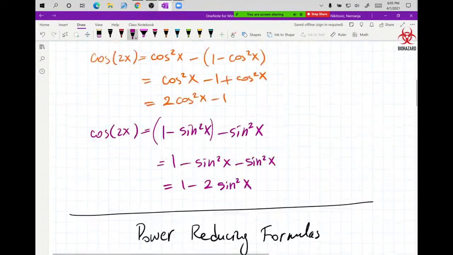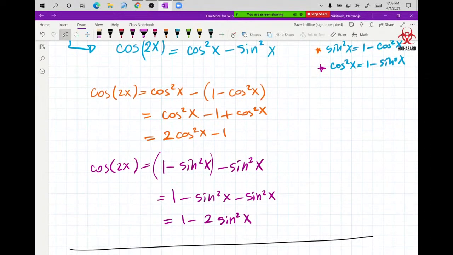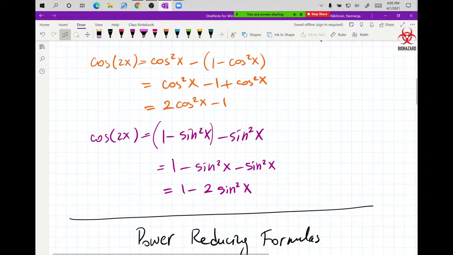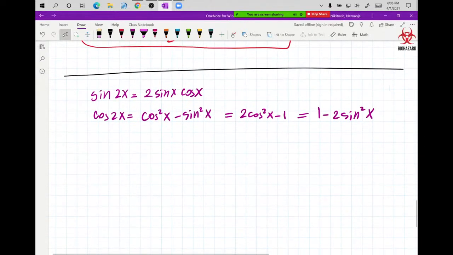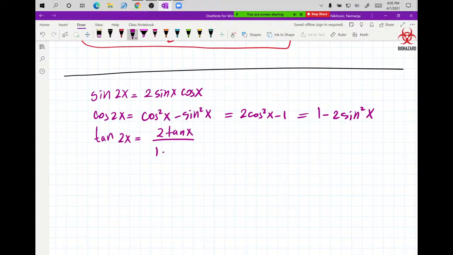We derived them here, right? The orange and the purple. So those are the two methods, two extra formulas. Good. And then we had, sorry, we had the tangent, which was tangent 2x is 2 tangent x over 1 minus tangent squared x.